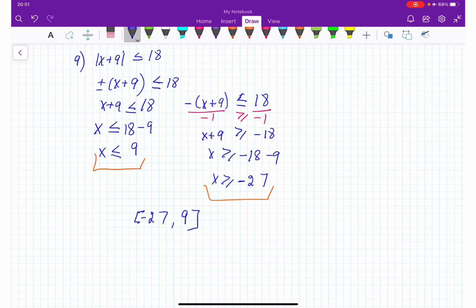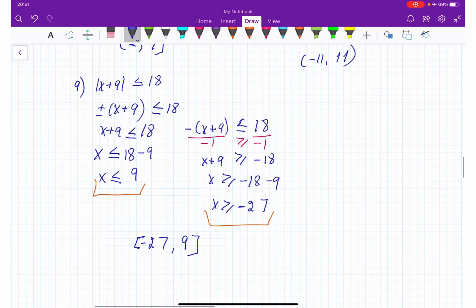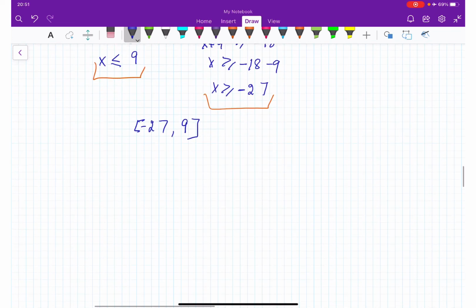Question number 10. Absolute value of x greater than 14, which means plus minus x greater than 14. So positive x is greater than 14, right?